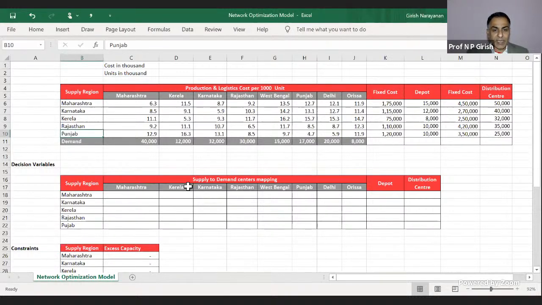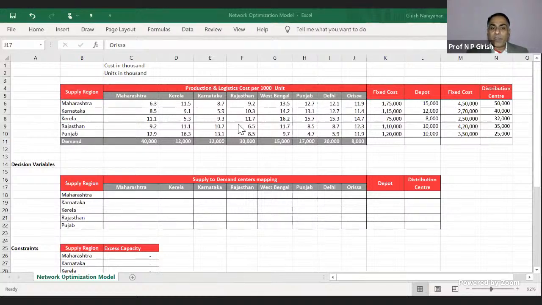I have to supply Maharashtra, Kerala, Karnataka, Rajasthan, West Bengal, Punjab, Delhi, and Orissa. So these are the demand centers, and you have chosen some potential candidates where you can put up the supply. So you determine the demand centers and the potential candidates for the supply centers as well. Are we good so far?